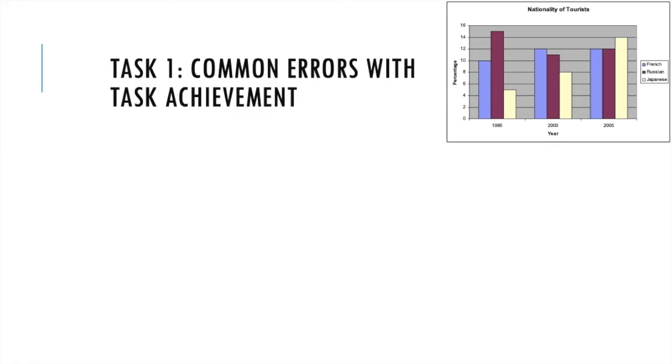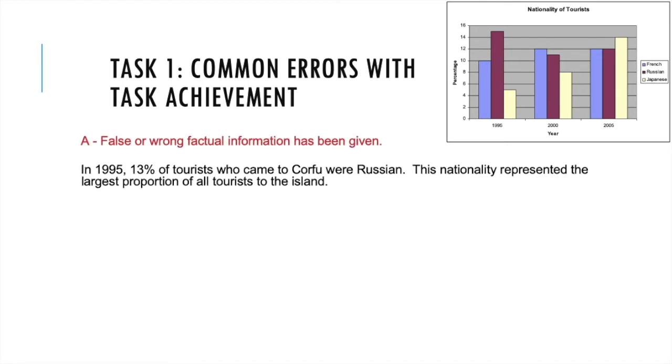Okay, let's have a look at some of the mistakes that people who have not been trained generally make when they undertake a task 1 writing. So this is quite common, as you can see here, it's 15%.